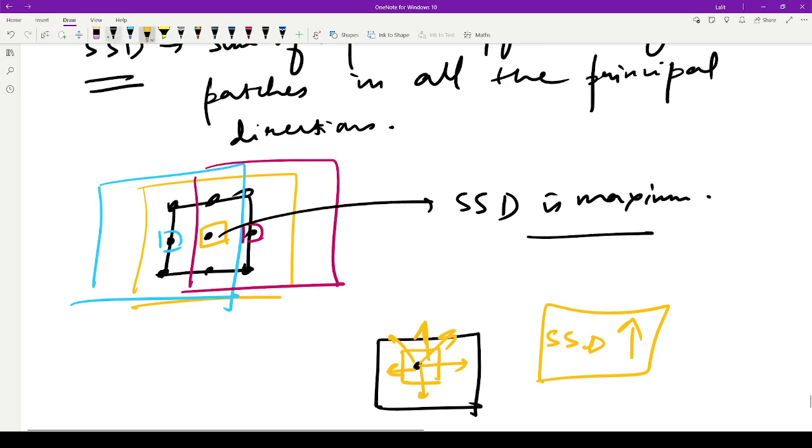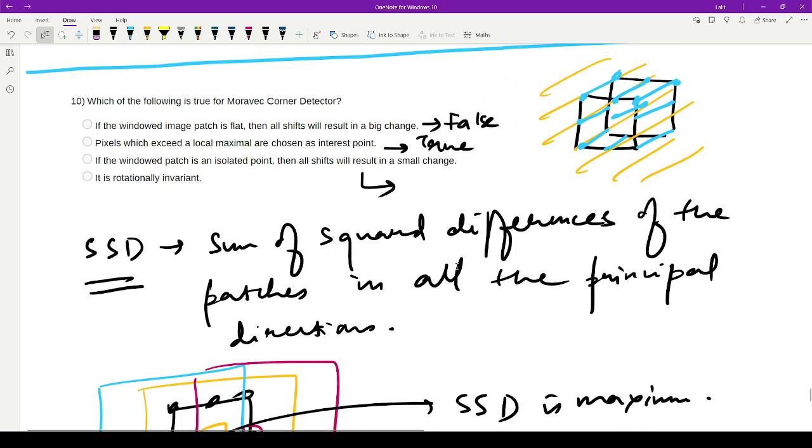Because the patches are not similar at all. If you move in this specific direction, the patch is very different from the yellow patch. If you move in any other direction, the patch is again very different. Since the patches are different, it will result in a large change. So this is false.